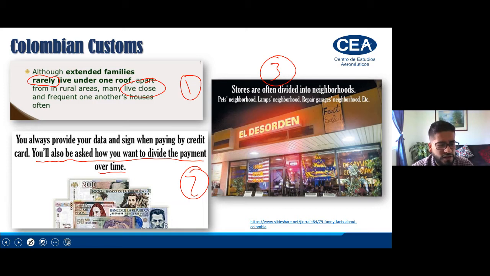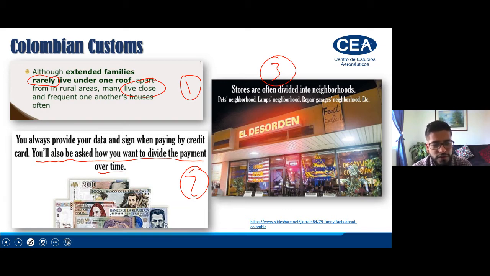What is the meaning of this sentence? Normalmente ustedes siempre deben dar su información y firmar, digamos, la tirilla cuando tú pagas con la tarjeta de crédito. Y también te van a preguntar cómo quieres dividir el pago.